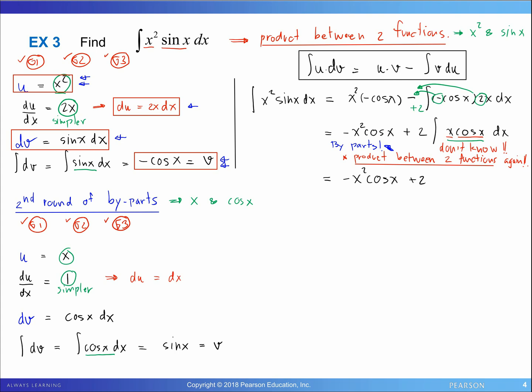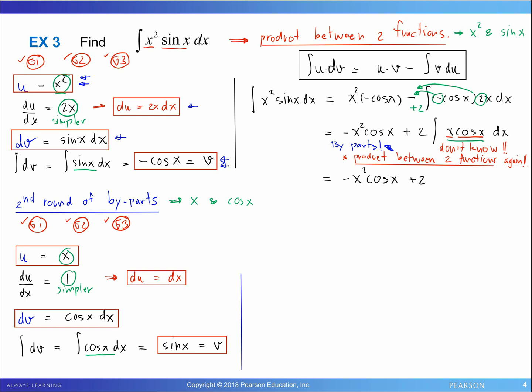And now we have u equal to x, du equal to dx, dv equal to cosine x dx, and v equal to sine x. Let's do the second round of by parts on the right-hand side.